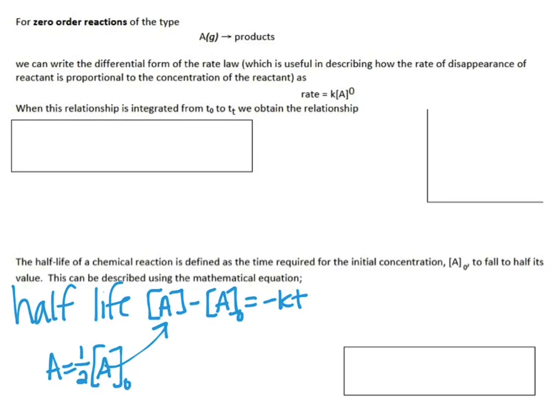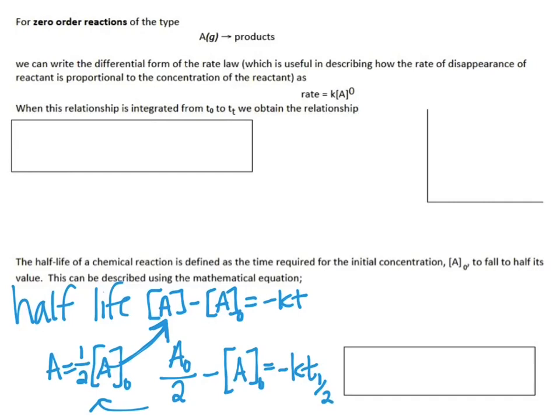So what we can do is substitute, and I'm going to drop the brackets just to make it easier. We substitute what we just wrote back into A. I'm just going to write this as A naught over 2. That's the same thing, just a little bit cleaner. And I am going to subtract everything else that we've already written, and put 1/2 at the side of t, because that's at time 1/2.